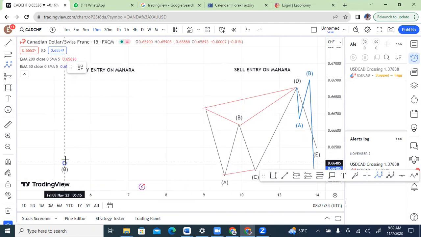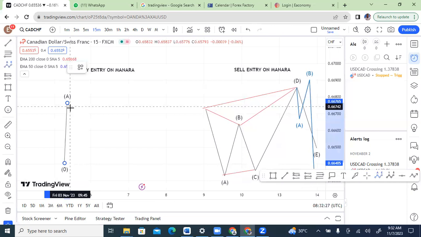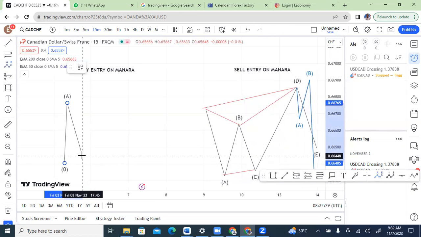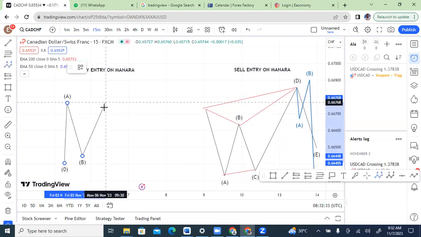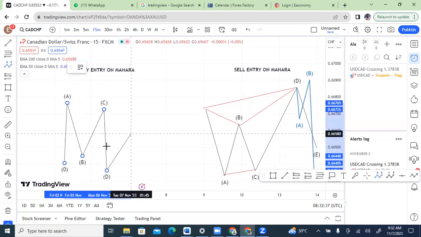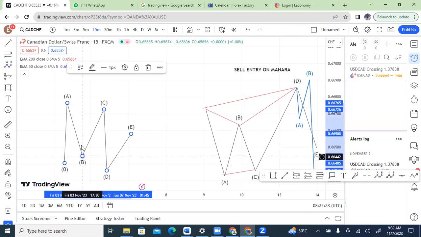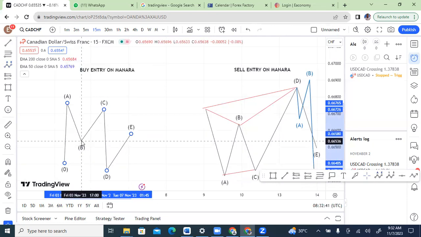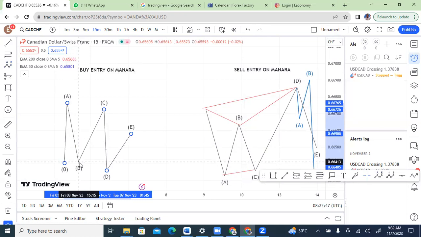So you have the X, you have the A, you have the E, you have the C, sometimes the B, and you have the D. Sometimes the B can be above like this. Depends. It is the B point that determines the patterns. There are some B points that will be close to the origin, which is the X. The origin is the O, which is sometimes X.